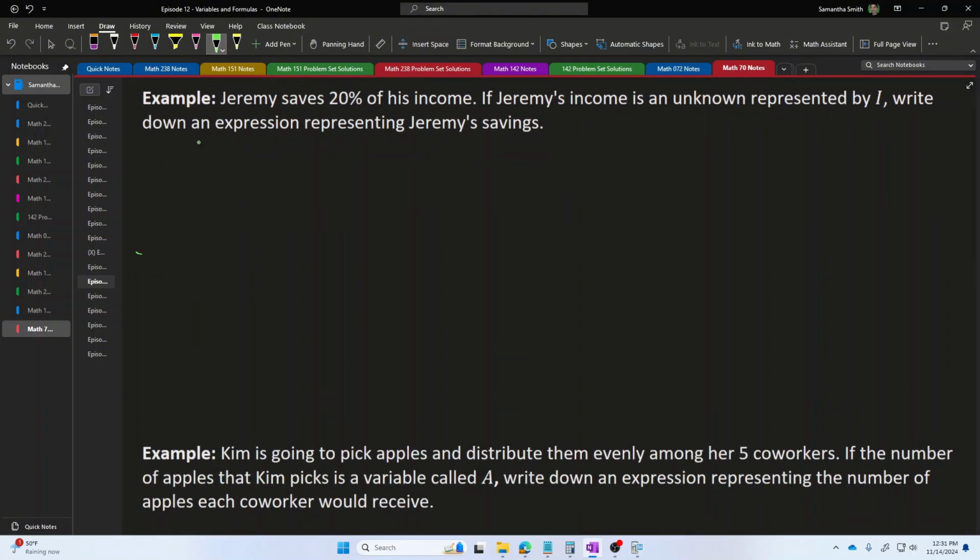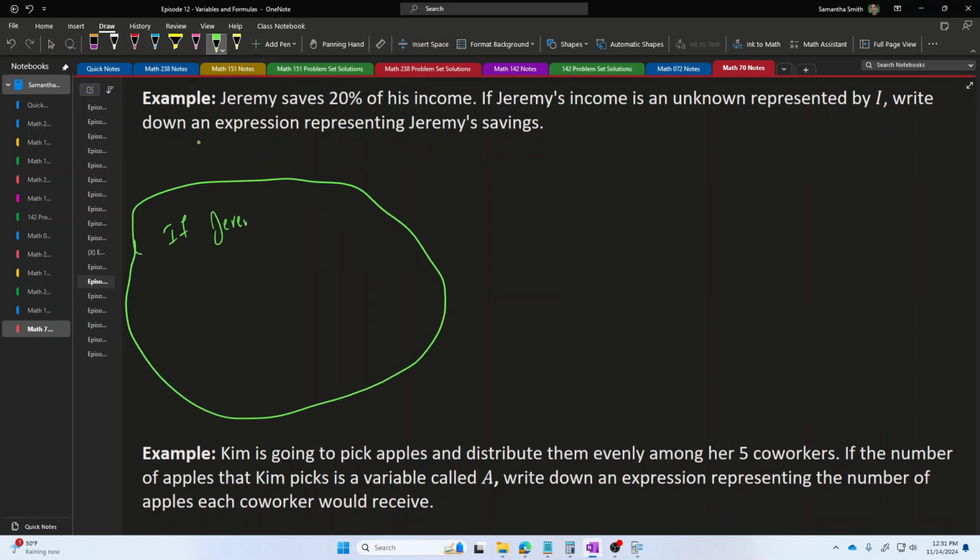Well, suppose for a minute I did know his income. If Jeremy's income I knew was like $80,000 or something like that, how would I calculate his savings based on that information? His savings is 20% of his income.